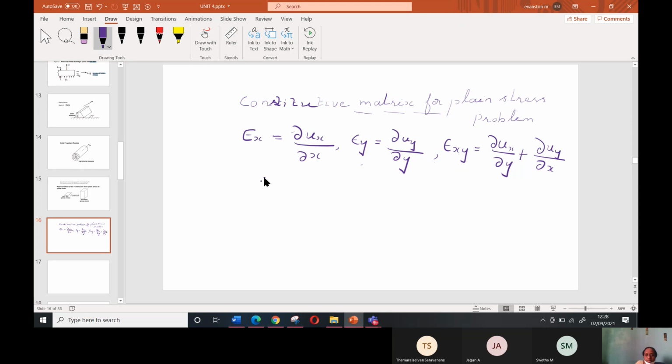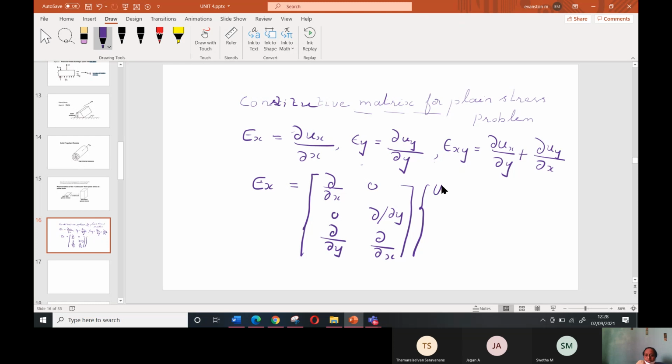So I can keep this epsilon as the matrix dou by dou x, 0, 0, dou by dou y, then dou by dou y, dou by dou x, multiplied by u of x and u of y. I'm taking the common values of u of x and u of y.